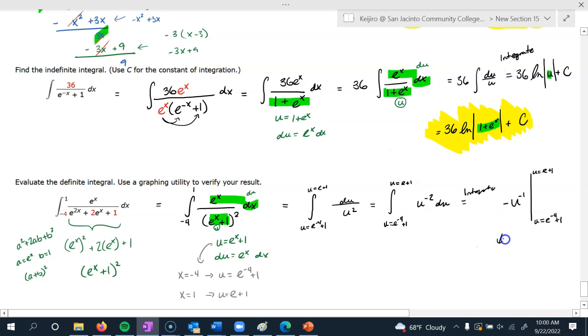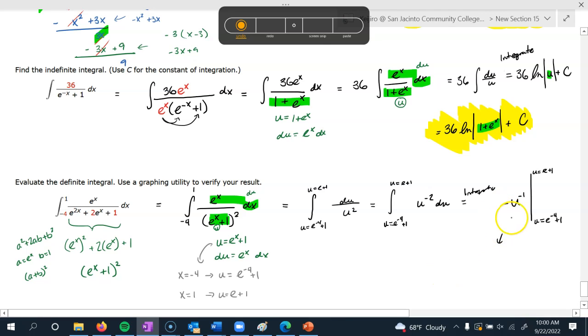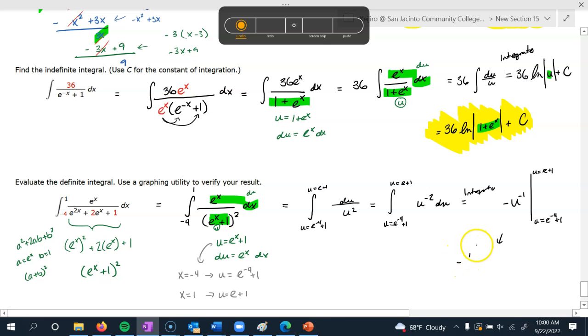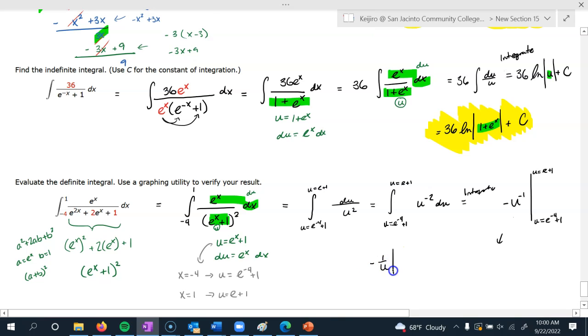So if you found out these bounds for u, you don't actually have to change it back in terms of x. You can just say, okay, negative 1 over u. This is negative 1 over u. So I'm just rewriting u to the negative 1. It's 1 over u.